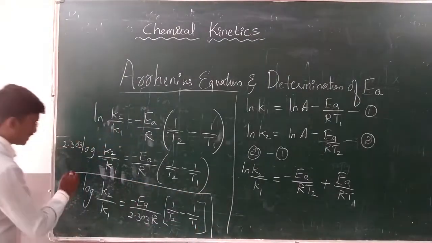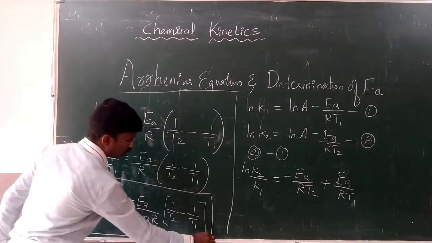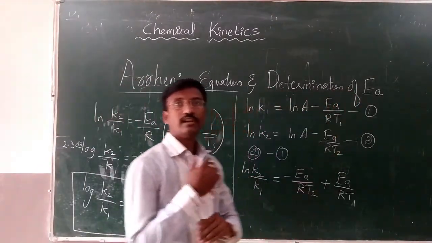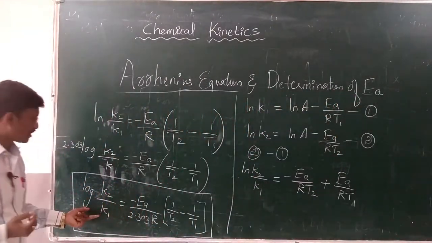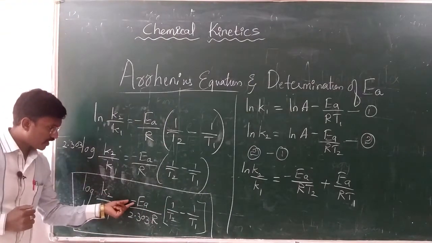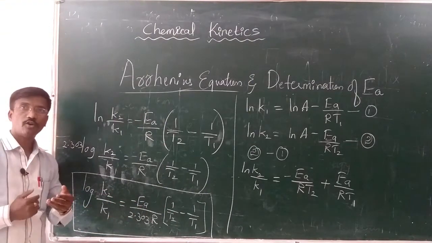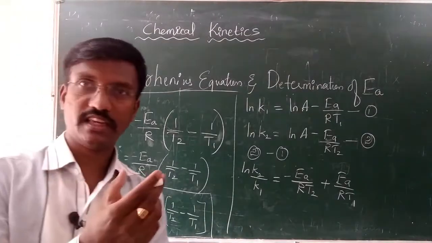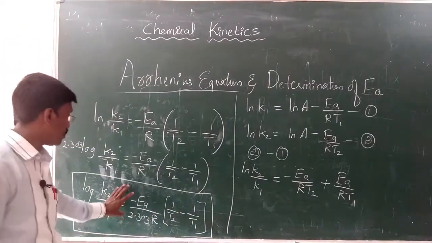This last expression is important. This is the determination of EA. To calculate the activation energy, this expression is important. We can see EA is here, but the equation is not in the form of EA equals, though somewhere in this equation we have EA.